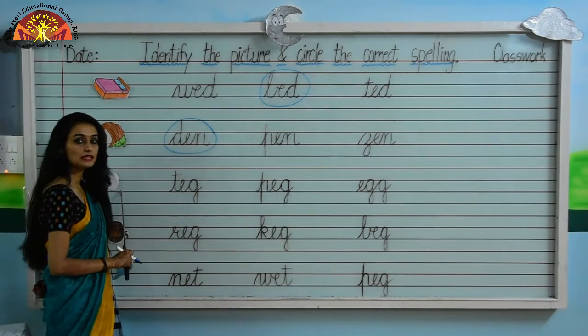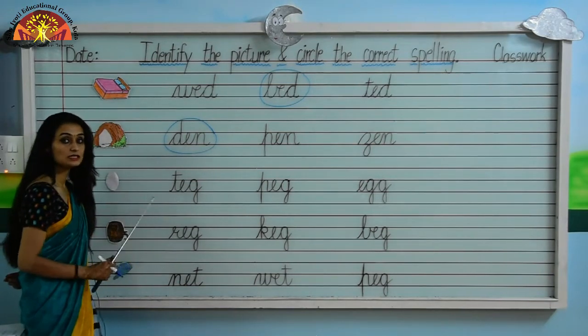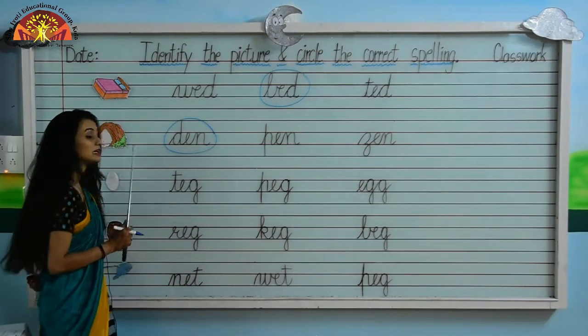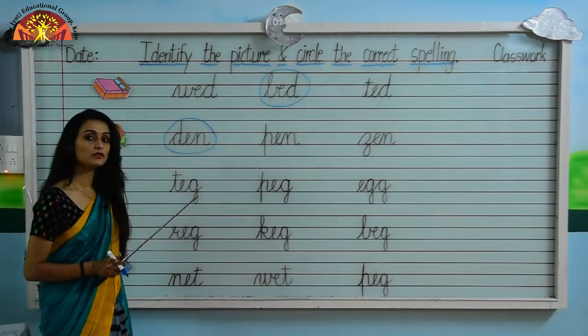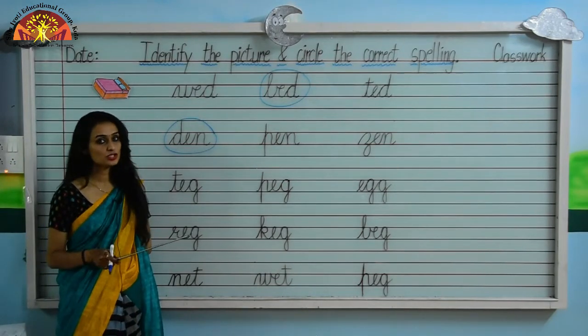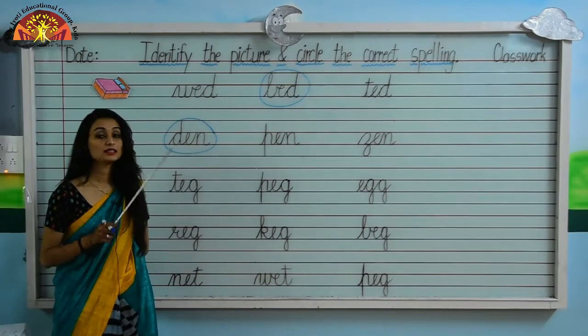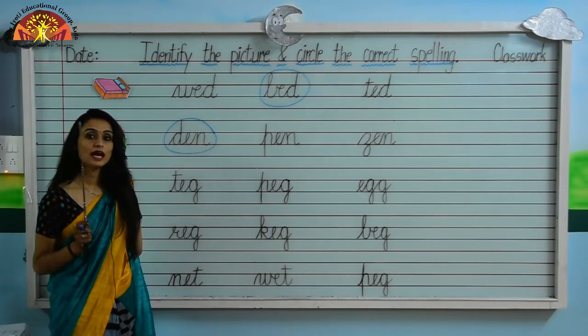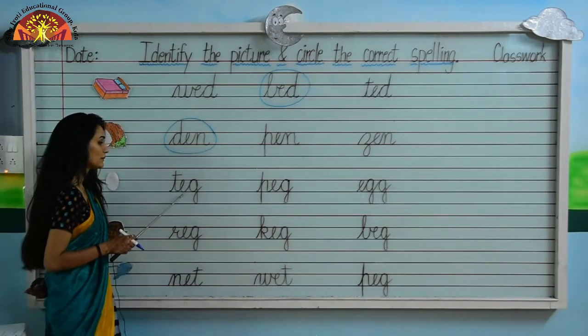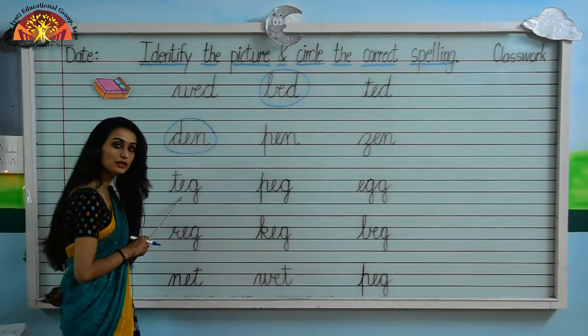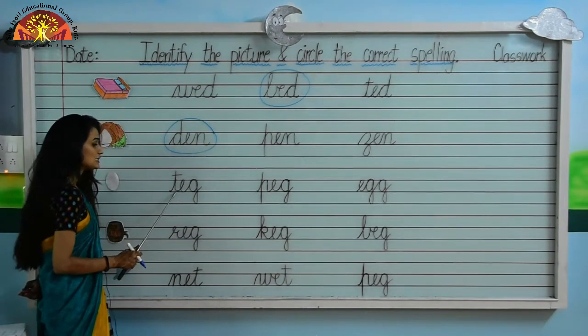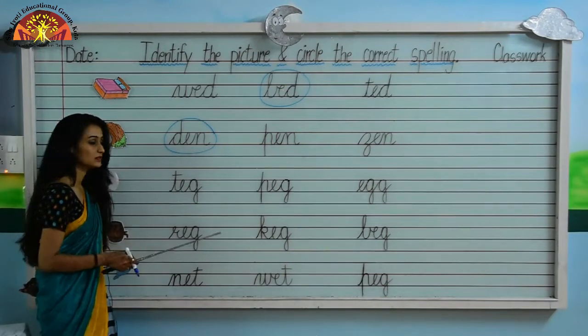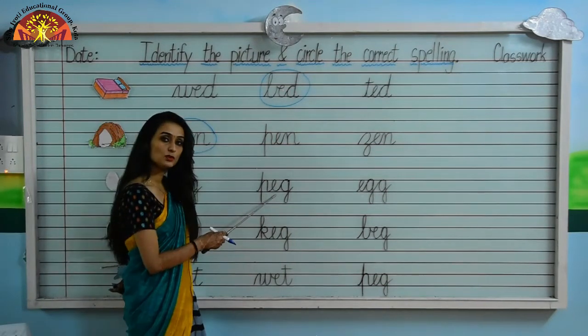Now come to the next one. Which picture is this? Yes, this is egg. And the spelling of egg is E-G-G. Egg. Okay? Now tell me, is this one the correct one? No. This is T-E-G, teg. Is this one the correct one?